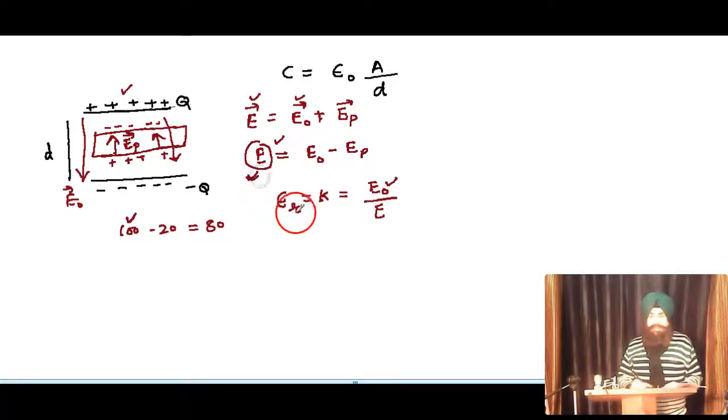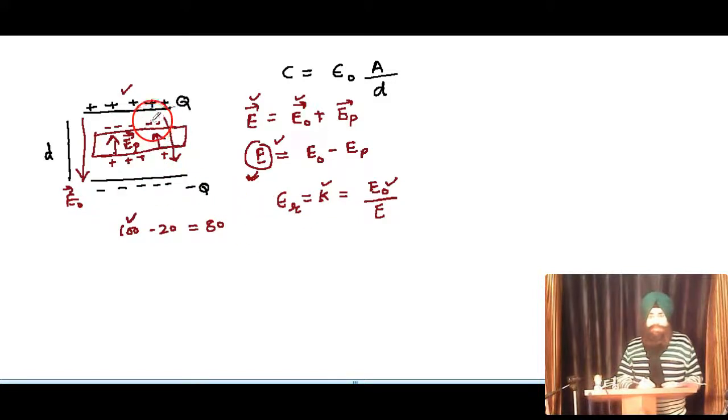So K or epsilon R is always greater than 1. I use the symbol K here.